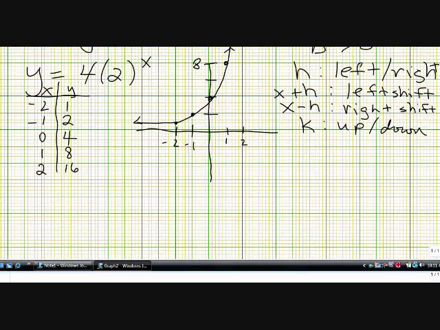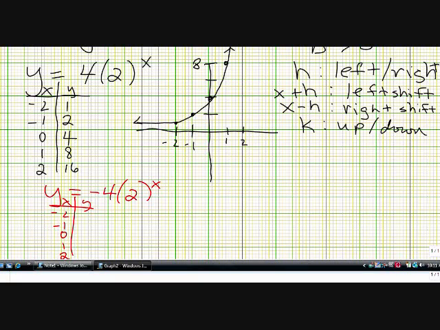So now I'm going to make my a negative and see what happens. I'll write it in red. It'll be easiest to see in red. Y equals -4 times 2 to the x. I'm going to again use my -2, -1, 0, 1, 2.